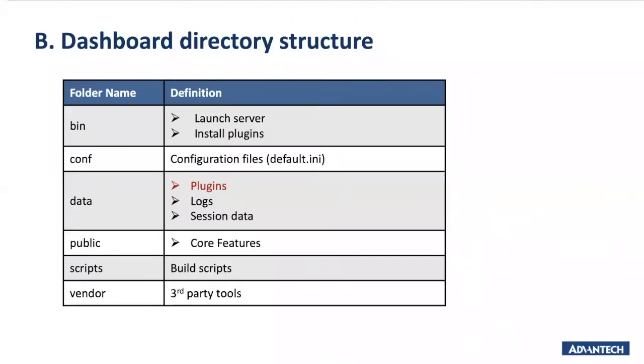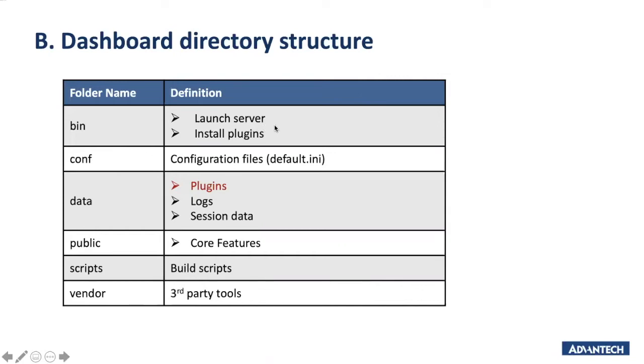And here is the file directory structure of the dashboard source code. We have the bin folder, conf folder, data folder, public folder, scripts folder, and vendor folder. In the bin folder, you're gonna see the binary files for running the Grafana utilities.